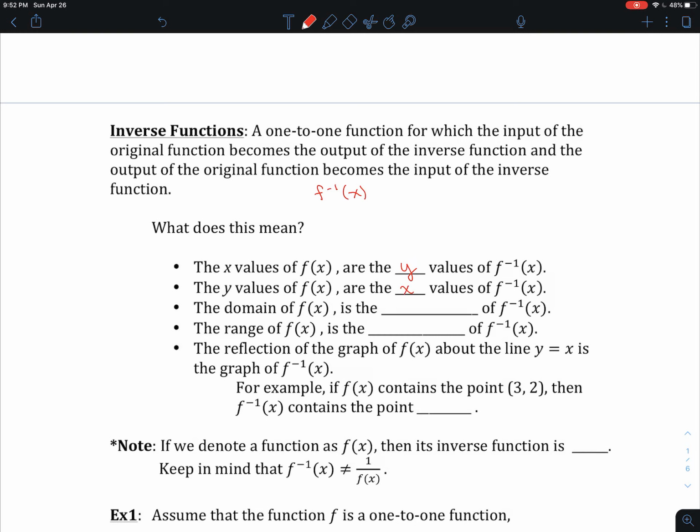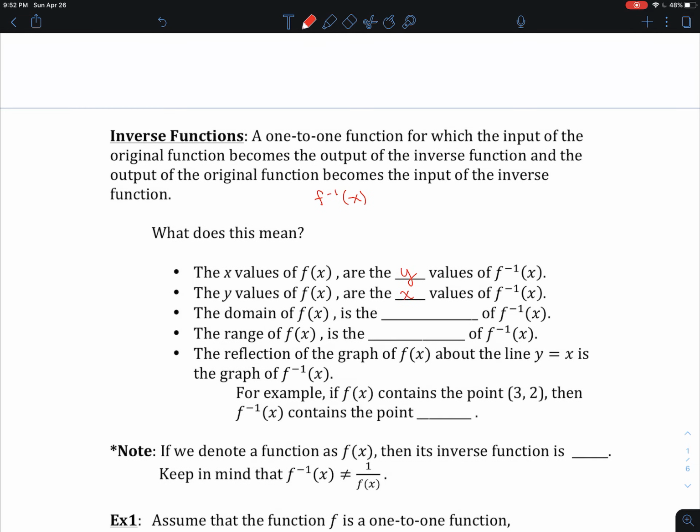I'll draw a graph right now to show you what I mean. If the x and y switch, the domain of f of x is now the range of f inverse of x, and the range of f of x is now the domain of f inverse of x.